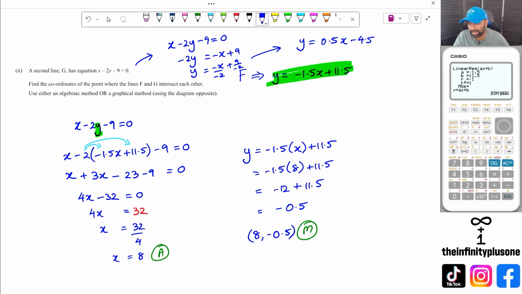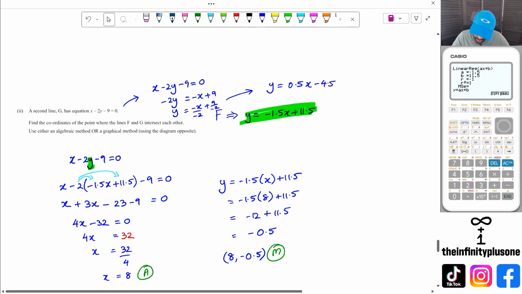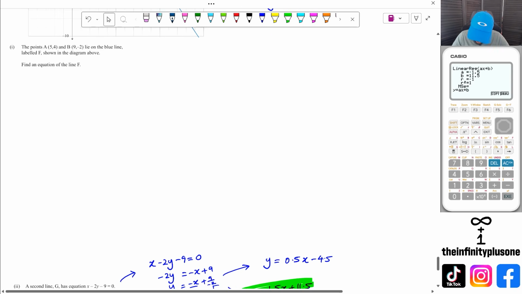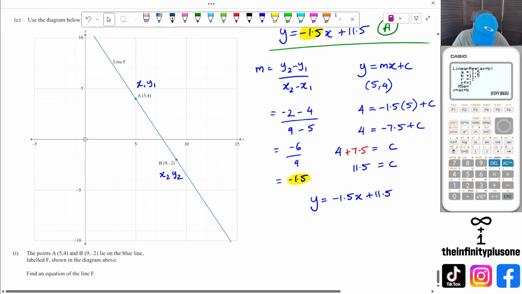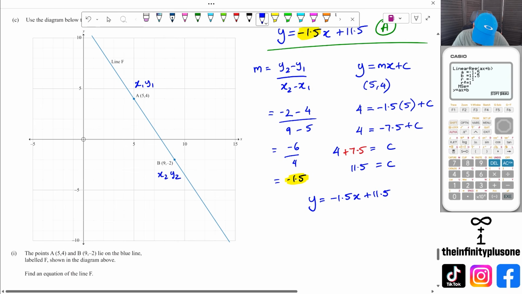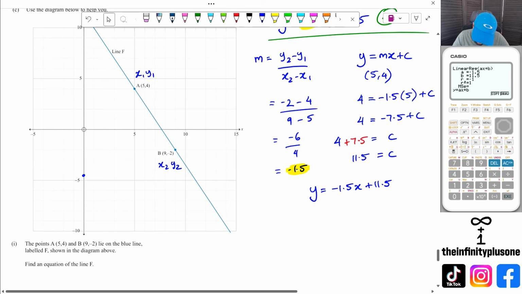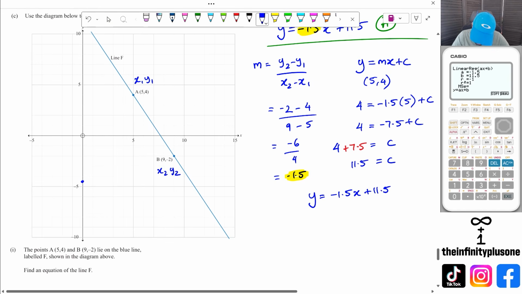And if you draw that line, minus 4.5 is going to be somewhere here. And we're doing positive 0.5x. So that's half, so 2 across 1.